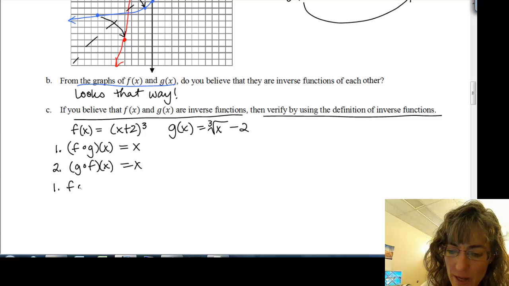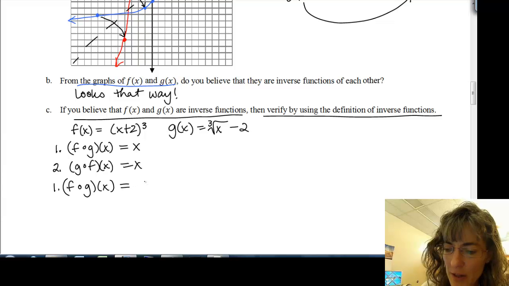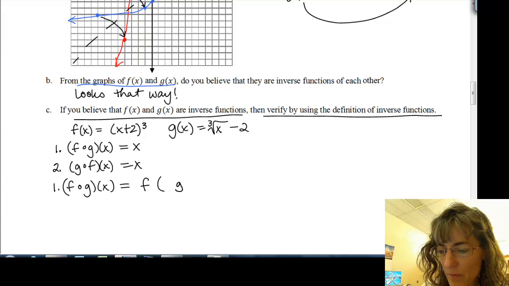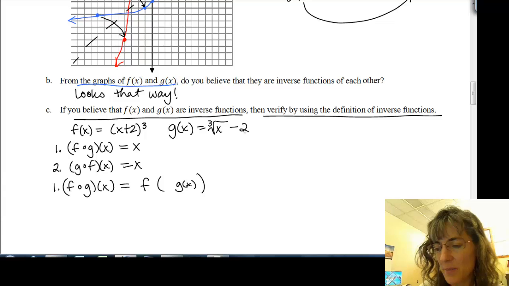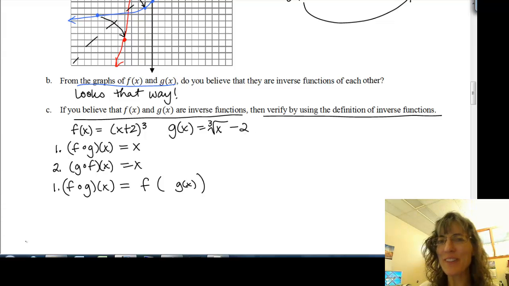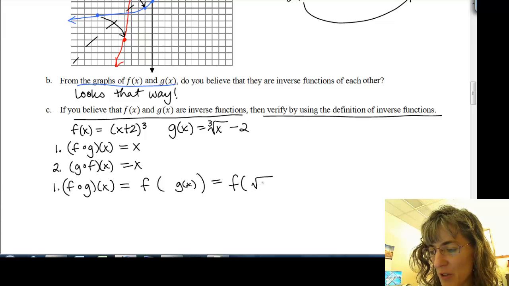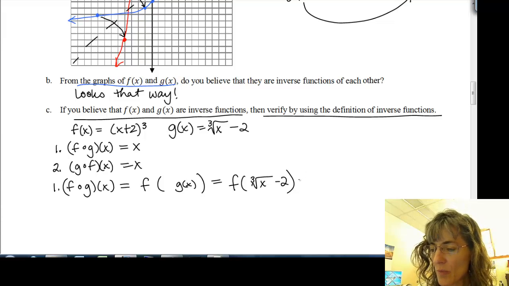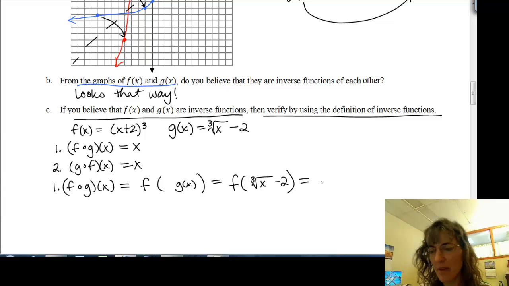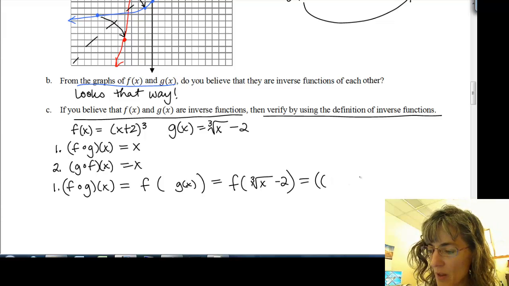So first, f of g of x, which really looks like I'm plugging the g of x into the f, right? That's what it's supposed to look like anyway. So f of, and here's my g of x, cube root of x minus 2. And my function f is the quantity x plus 2, cubed.